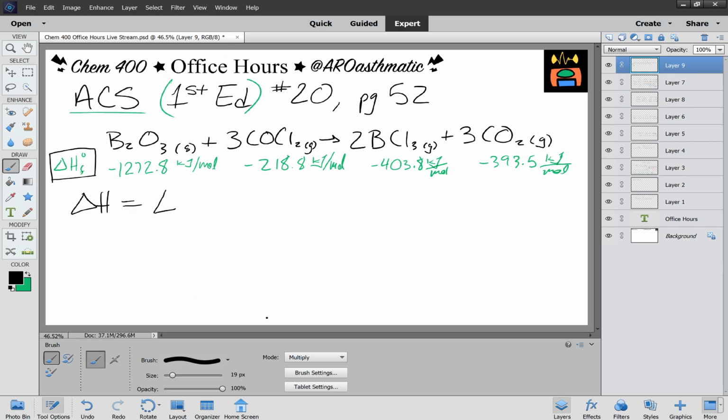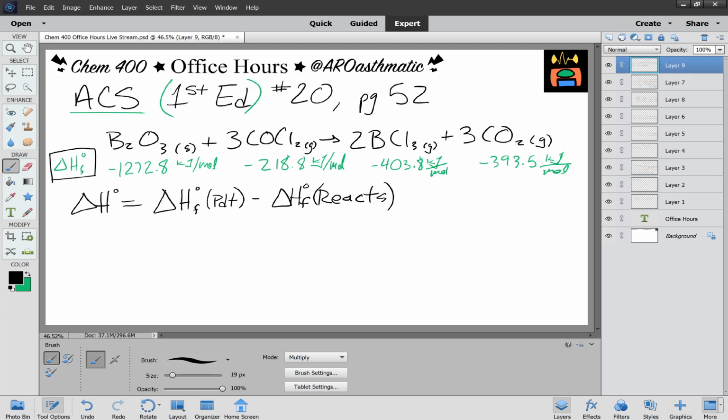The final state is you add up all the delta H's of your products, final, minus all the delta H of formations of your reactants. All right, so all we have to do here is final minus initial, products minus reactants.